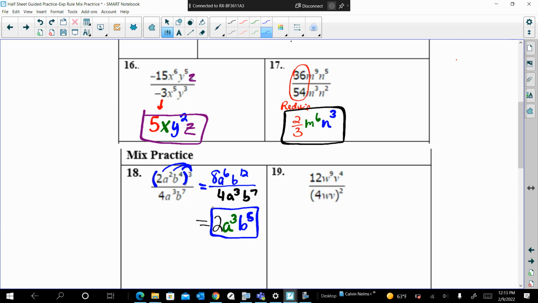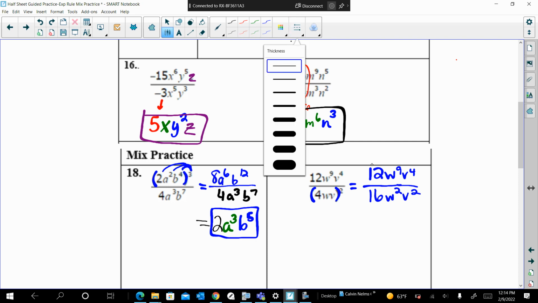Now 19, you have to do the parentheses first on the bottom. So everything on the top stays. So 12w to the 9th, v to the 4th. But this now becomes 16 w squared, v squared. All right, you can reduce this part of the fraction.